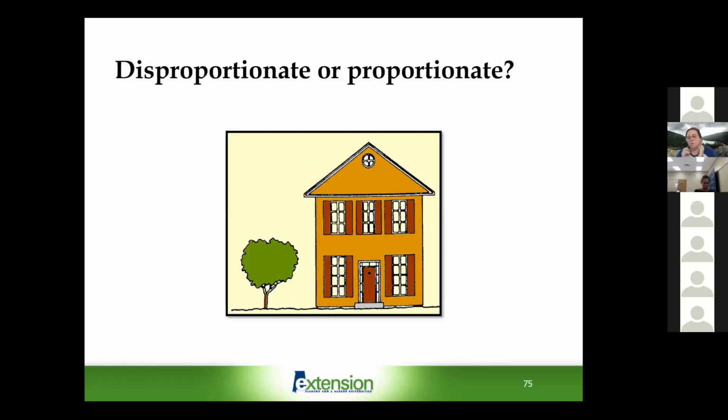Does this feel proportionate when you look at it, or disproportionate? Disproportionate for now. For now, exactly. But again, 10 years down the road, I think it would be too close when it gets bigger. Yes. So maybe they didn't think through mature size and placing. I see it all the time, a river birch 5 feet from a house.